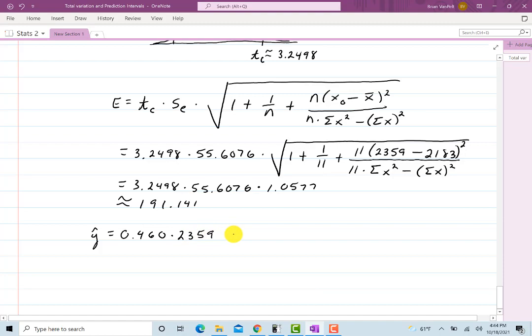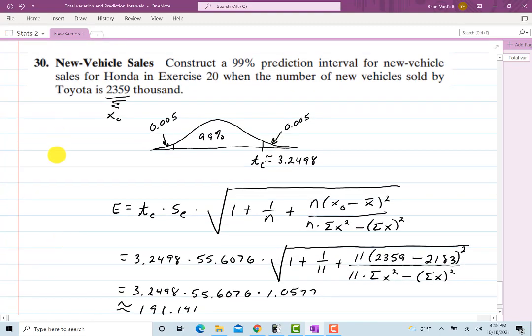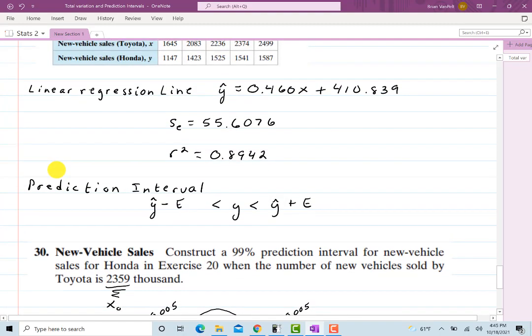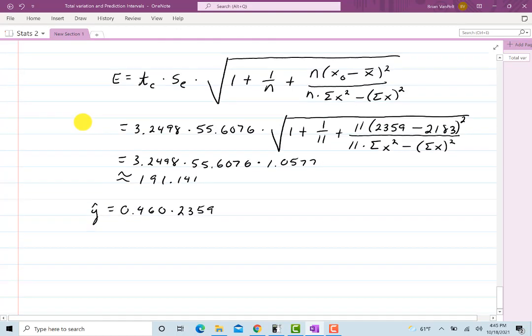And then what did I have left? Plus 410.839. And let's go ahead and calculate this.